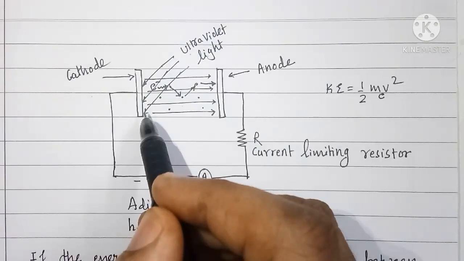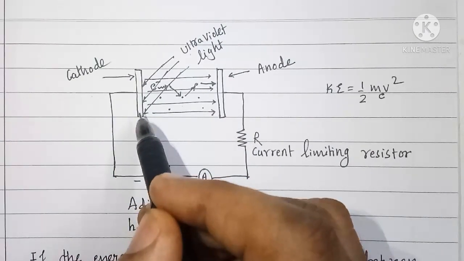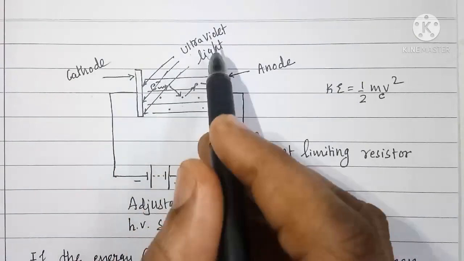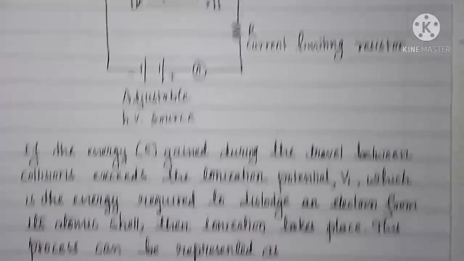So cathode may emit electron due to the applied high voltage or due to ultraviolet light falling on it, or due to both.